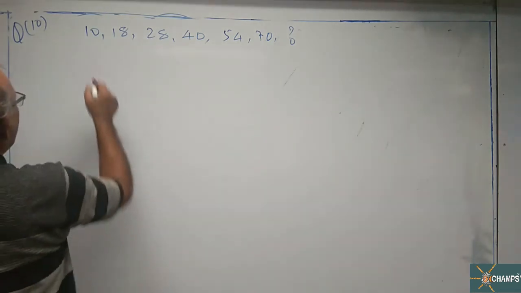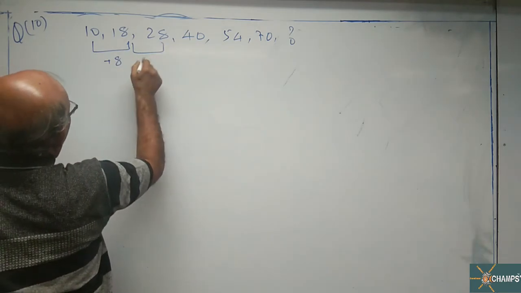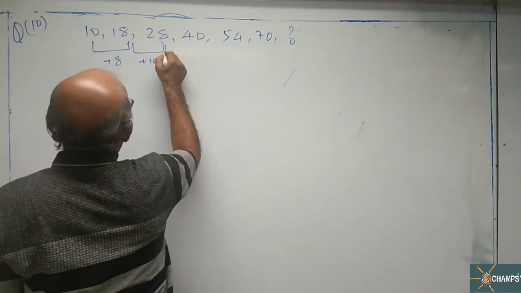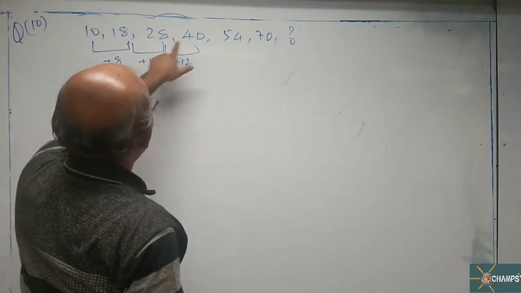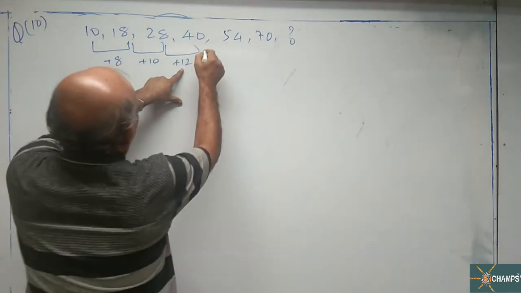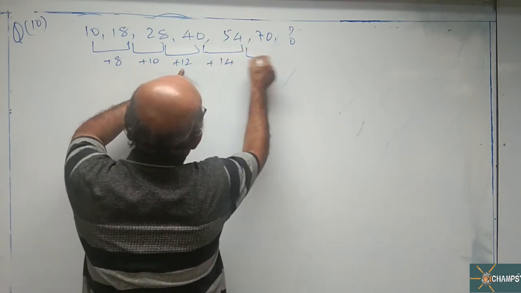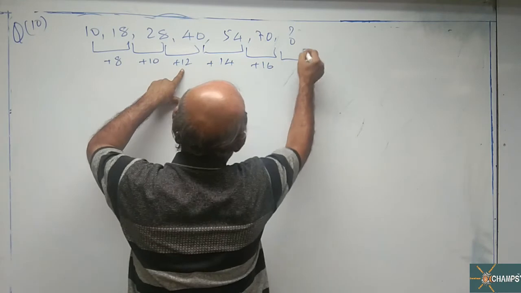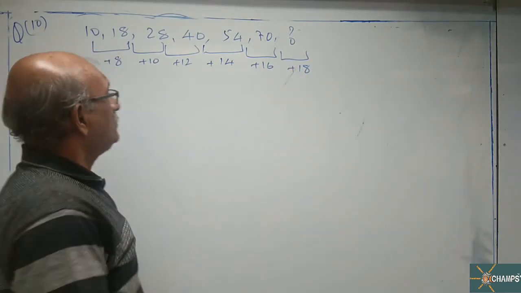Look at this, sir, first when I go for difference. This is plus 8, plus 10, plus 12. 28 minus 18 is 10, 40 minus 28 is 12, then plus 14, plus 16. So very simple question, sir, and then plus 18.